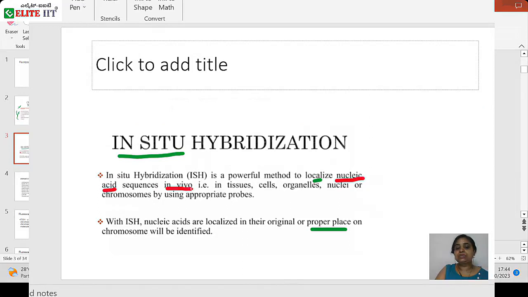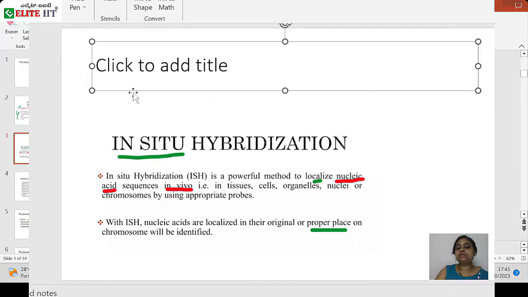In this case, you can directly localize the nucleic acid. It's not an in vitro process. In vitro means in the laboratory you are mainly using test tubes and a few reagents.